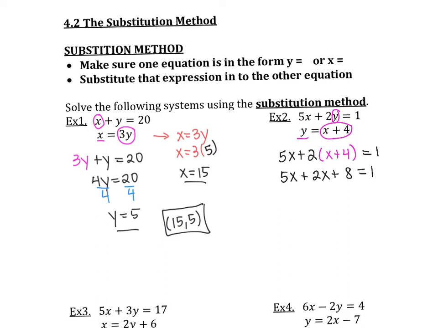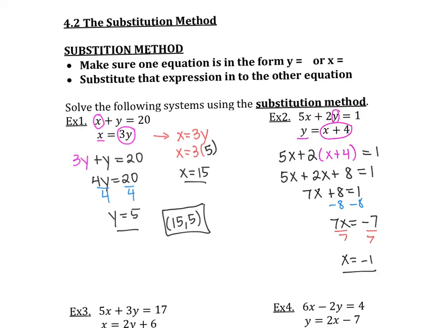Let's see, 5x plus 2x is 7x, minus the 8, minus the 8. 7x equals negative 7. After all that, I'm going to get that x equals negative 1.